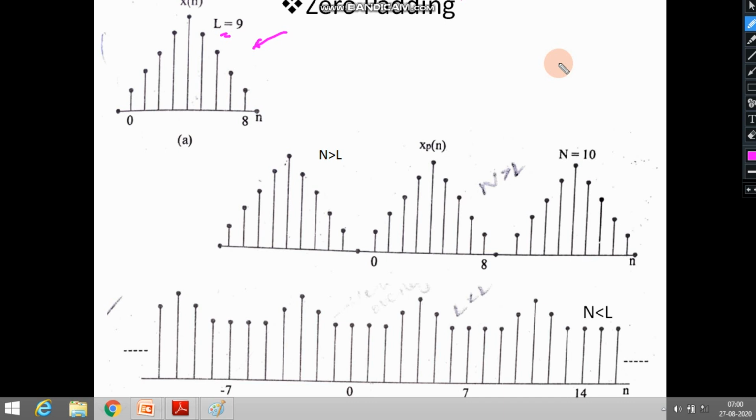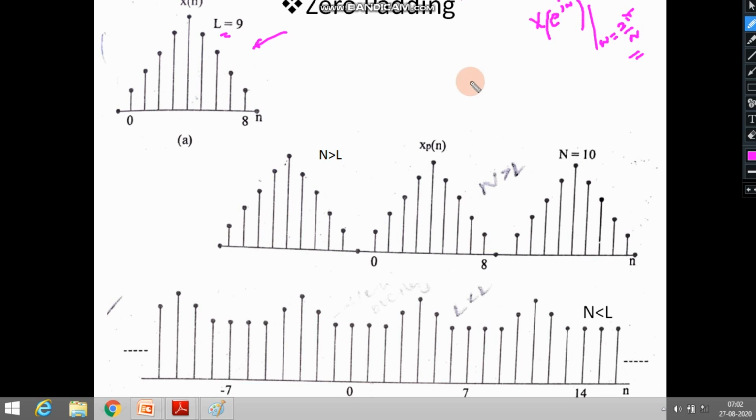In the case of the N-point DFT, we are taking N samples of the DTFT continuous frequency domain signal. Let X of e raised to j omega be the DTFT, and we are taking N samples, so the sampling interval is given by 2 pi by N.